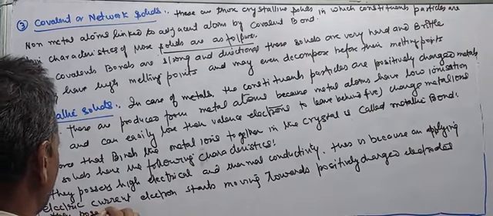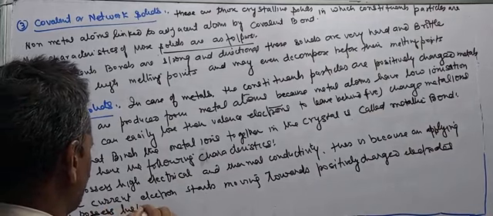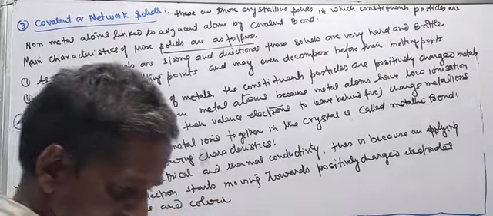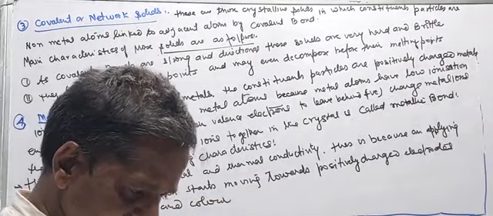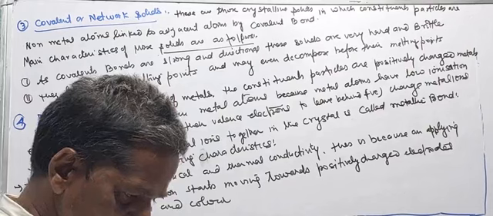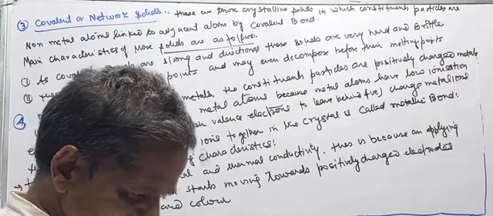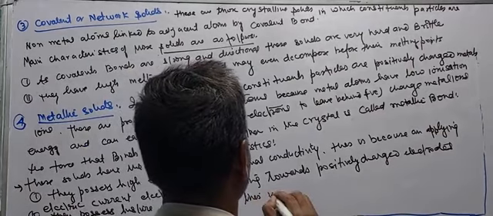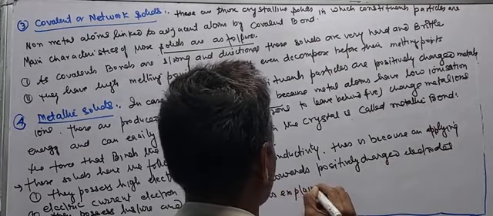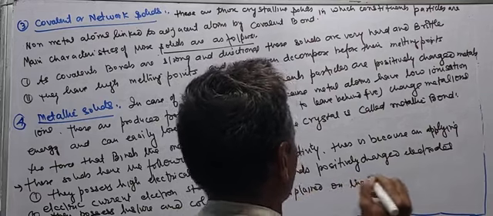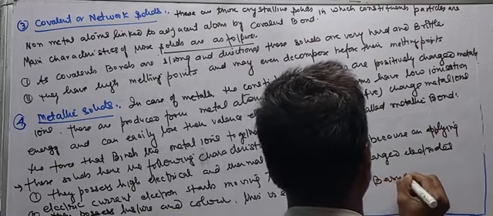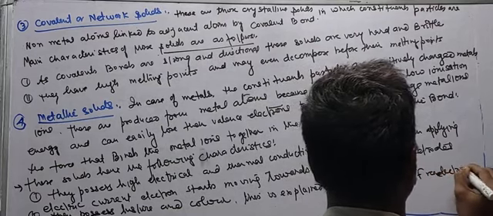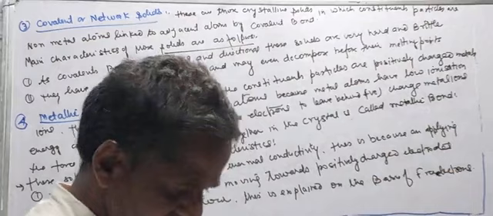They possess luster and color. This is explained on the basis of free electrons.